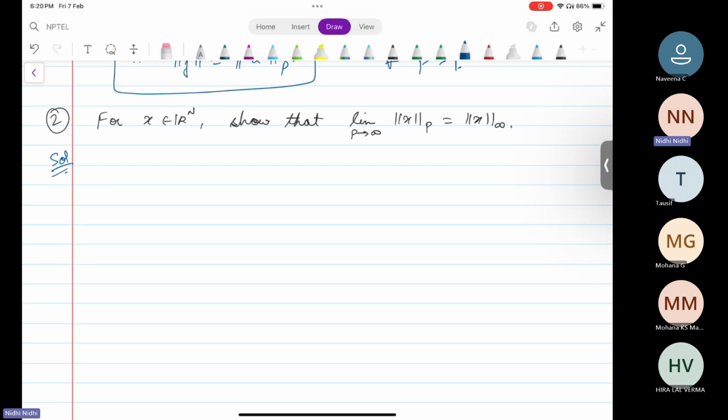Solution. We'll mainly be using the sandwich or the squeeze theorem.